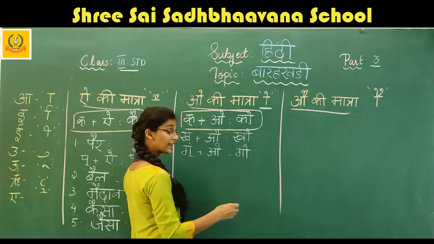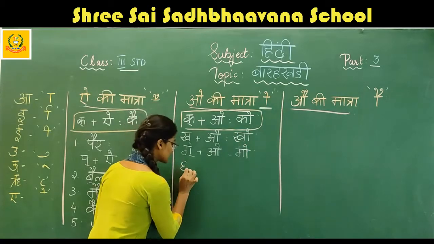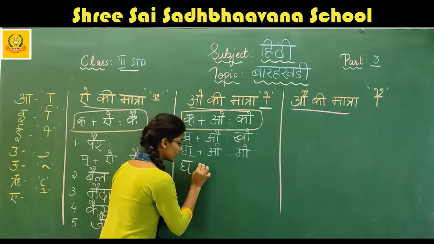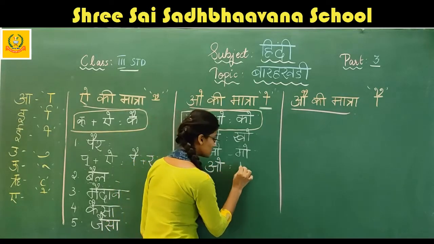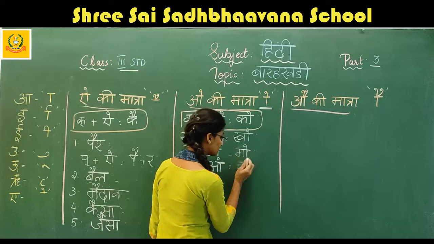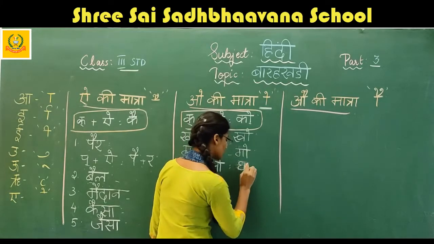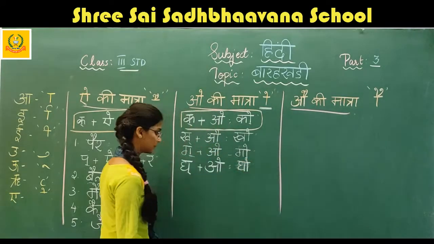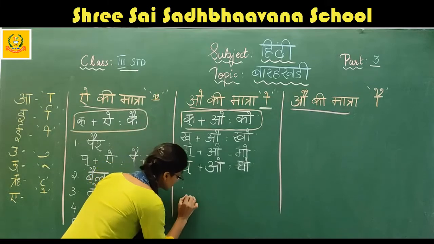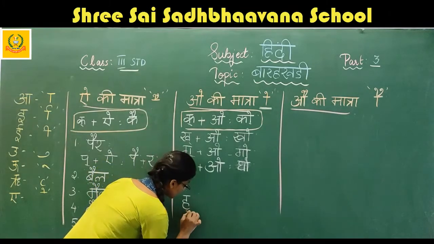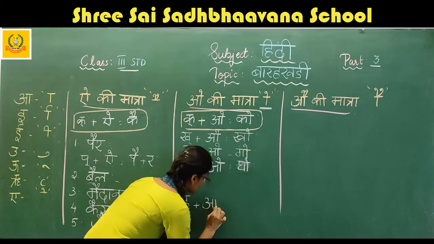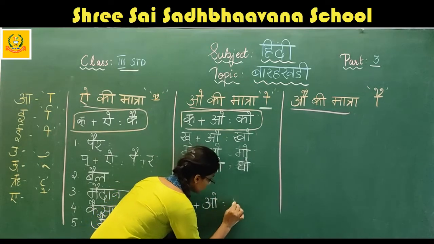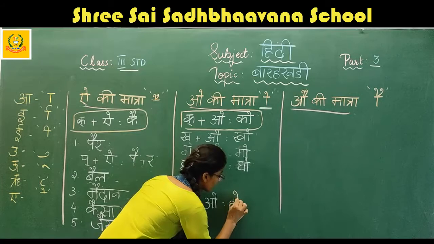You have to write one more line extra and then put it. Next, G plus O is equal to Go. Next, write like that till Ha. Ha plus O gives you Ho.